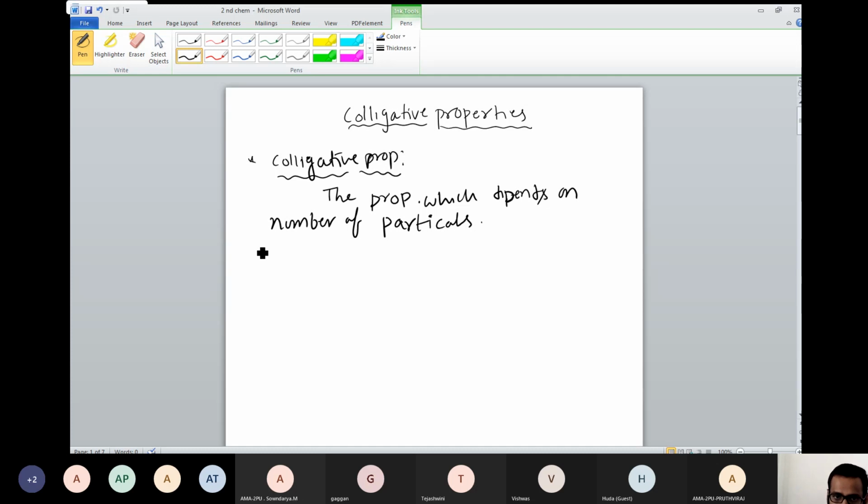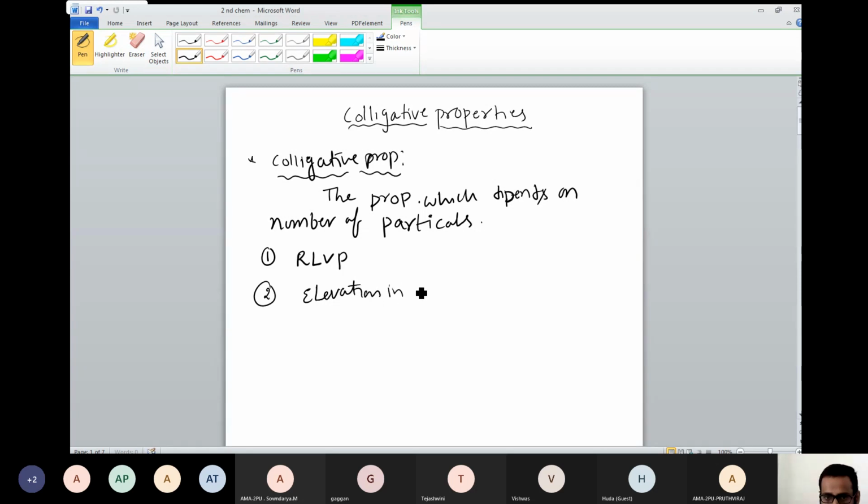So how many colligative properties do we have? There are 4 colligative properties. First one is RLVP, relative lowering of vapor pressure. Second one is elevation in boiling point.